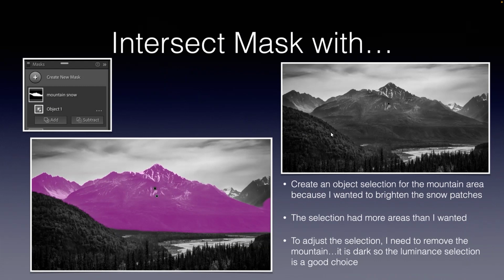So that's my goal. I'm going to pick out the mountain as a whole, and then I'm going to get rid of the dark, which will leave the snowy areas. So what I did is I picked Object as my selection tool, and I dragged out a rectangle over this entire mountain range area, and it made this magenta selection.